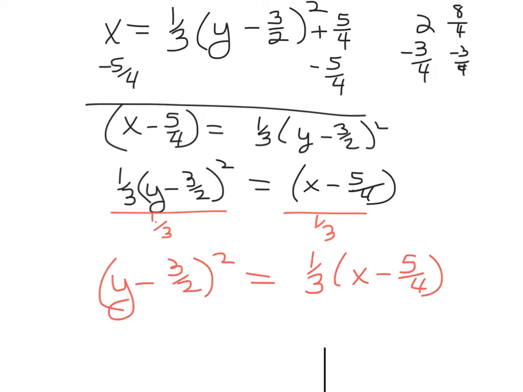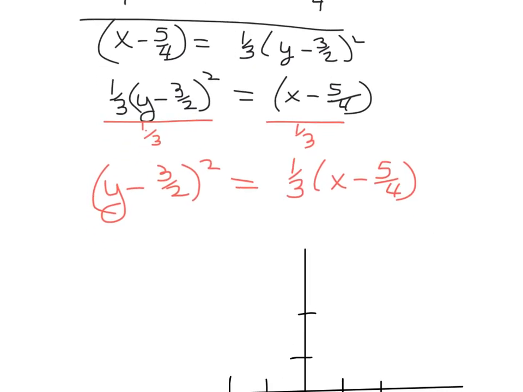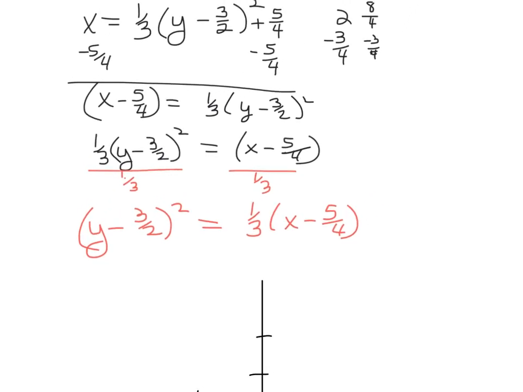I can now find my p-value. So I take 4p. Hold on, sorry. I'm multiplying by the reciprocal. I'm dividing by 1/3, but it really means multiply by 3 once I divide. Let me try to erase this. There should be a 3.